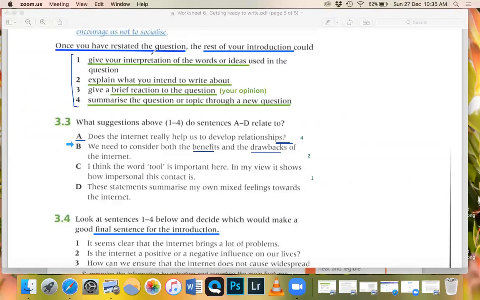So sometimes there's a word or a phrase in the question, like tool. So they said the internet is an important tool. So I can take the word tool and I can explain what I think this means. So I think that the word tool shows that the contact is impersonal, which means I'm supporting the idea that it isolates us. Okay, so we can take one word or phrase from the question and explain what we think that word or phrase means. Right, the last one, D, what does this match with?